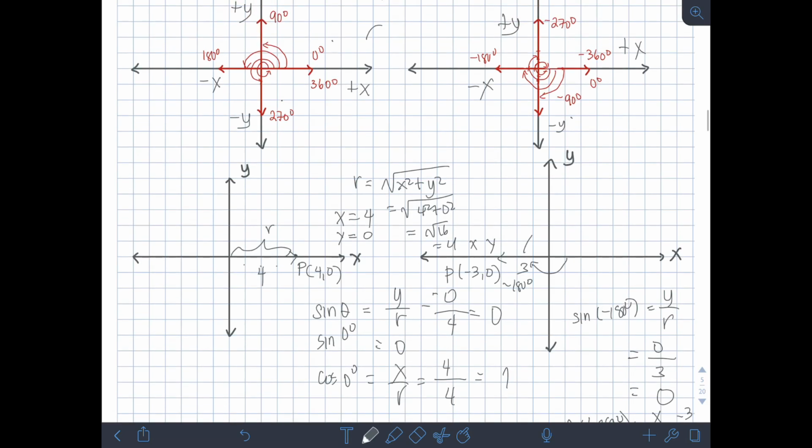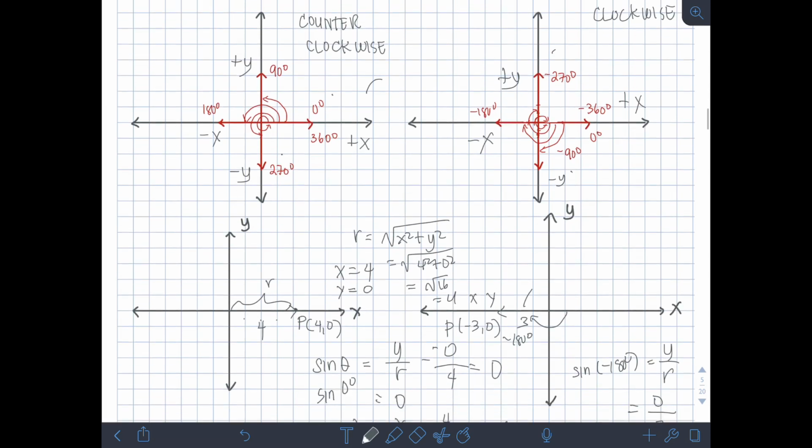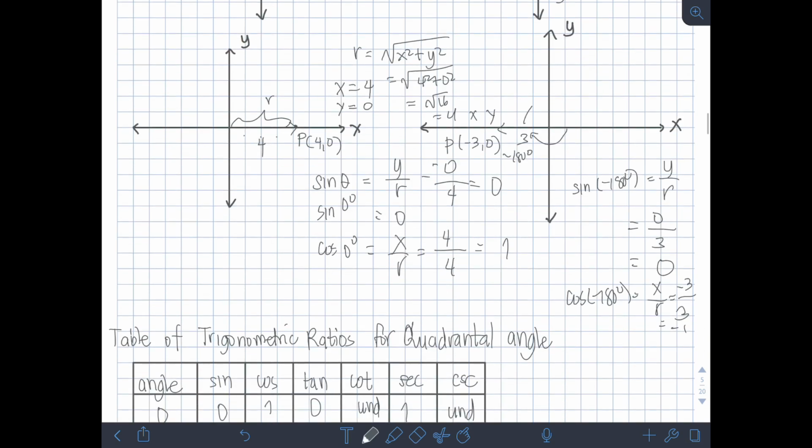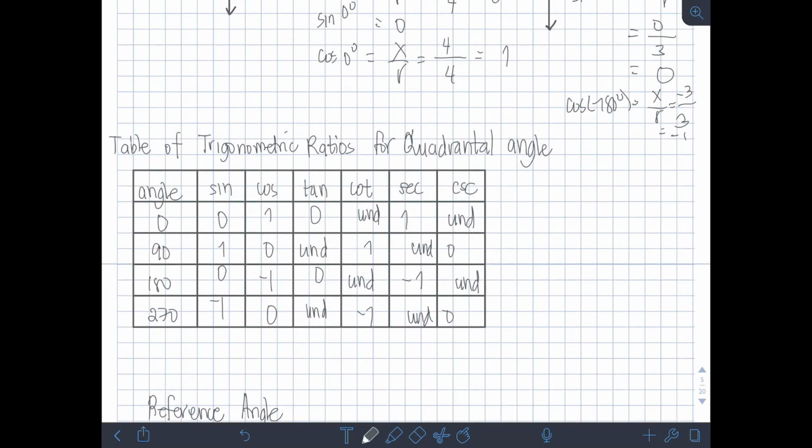So, ganun lang maghanap ng quadrantal angle. Pwede kayong mag-assume ng value nung coordinates natin and then i-plot nyo base kung saan naka-terminate yung angle natin using standard position. Okay, huwag niyong kakalimutan yung sign convention kung saan quadrant man sila na terminate. Okay, so ito yung summary for trigonometric ratios for quadrantal angle.